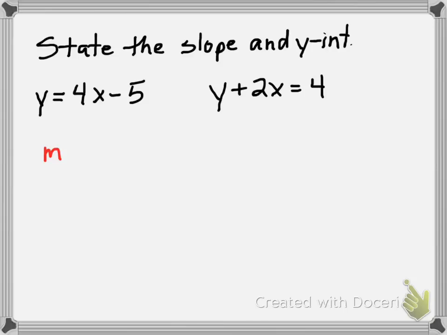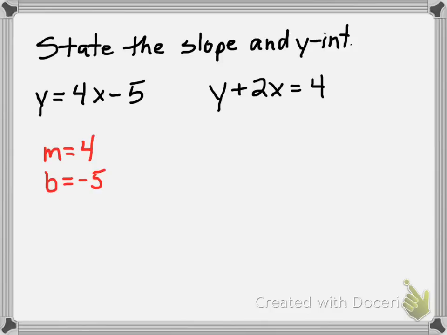And you need to find the slope and the y-intercept. Okay, so the first one's nice and easy because it's already in slope-intercept form. It's already in the form y equals mx plus b. So you can already see that the m is 4 and the b is -5, because the m is always in front of the x, the b is always behind the x.